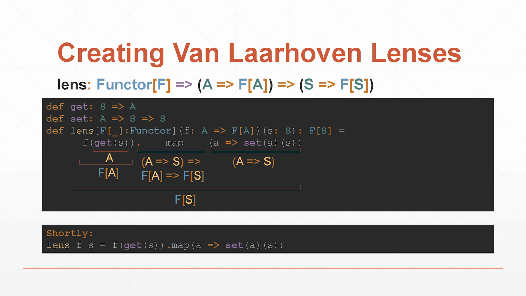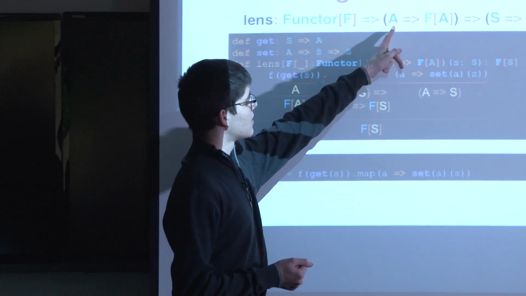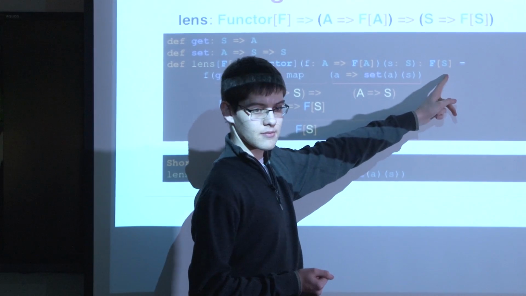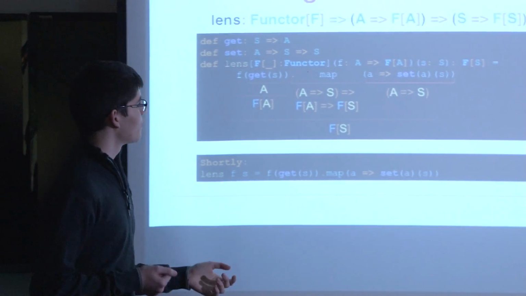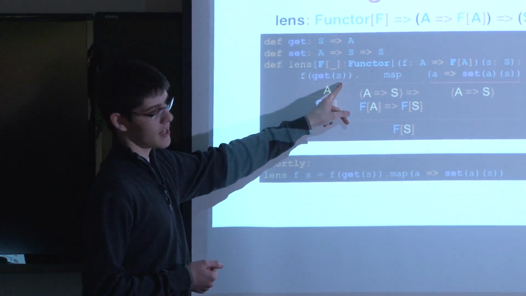So I marked here in purple the original getter and setter. We have, for example, get the first value of a tuple and set the first value. So we are given a function a to f of a and an s, and we must return an f of s. So we'll start by getting the value a from the s.